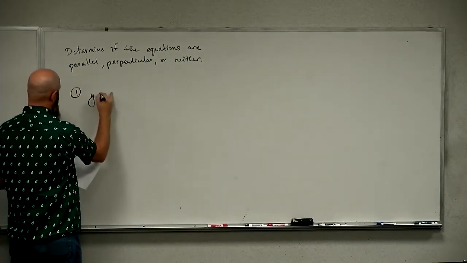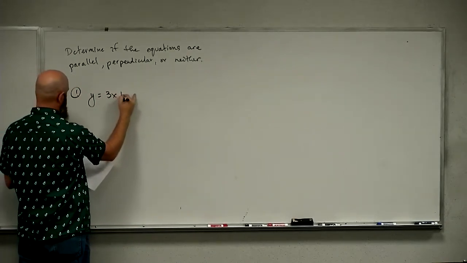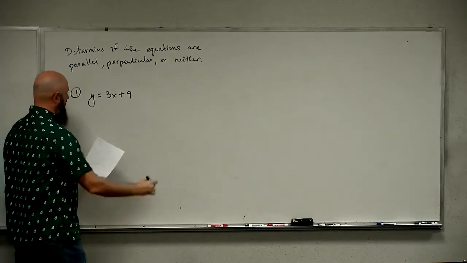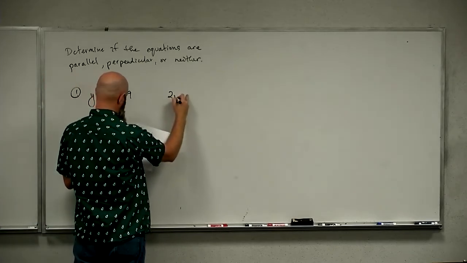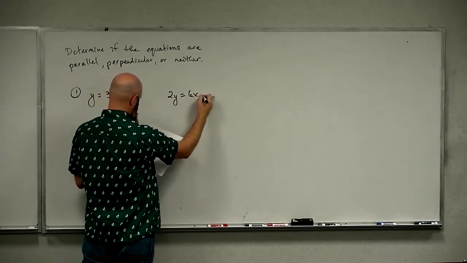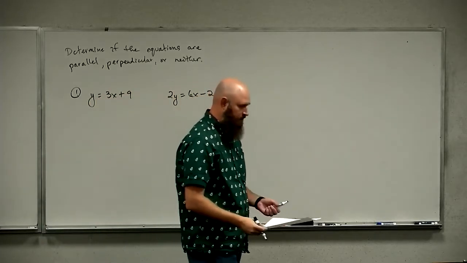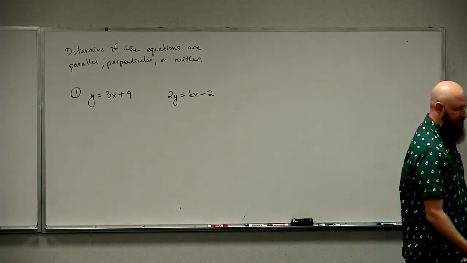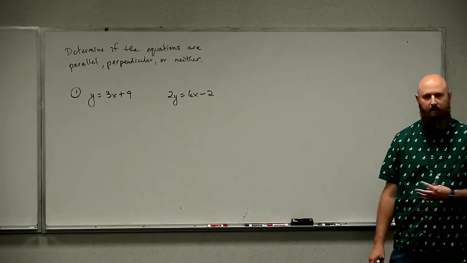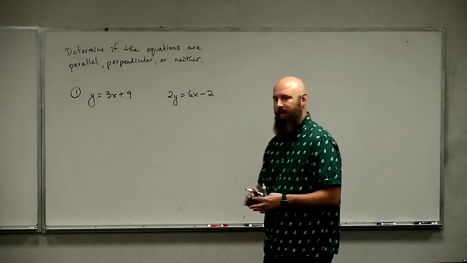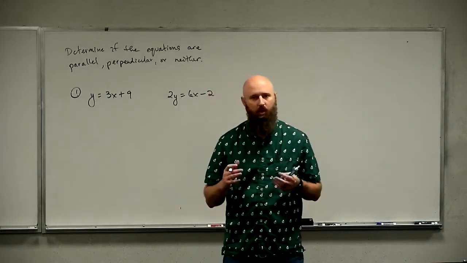y equals 3x plus 9. And then our second equation would be 2y equals 6x minus 2. Okay. All right, now in both of those definitions, parallel and perpendicular, we talk about the slope. So we need to know the slope.